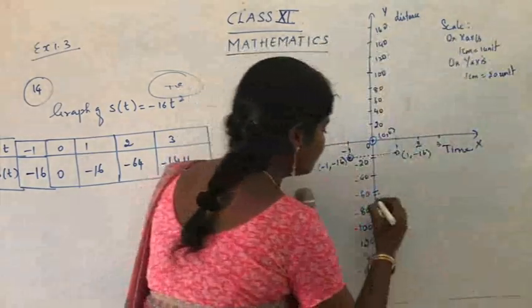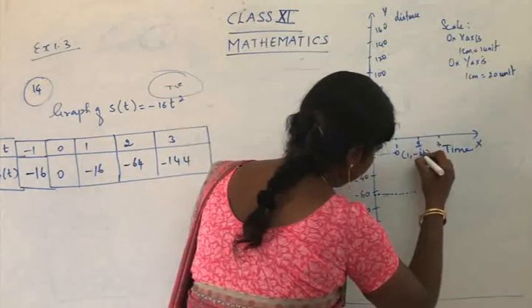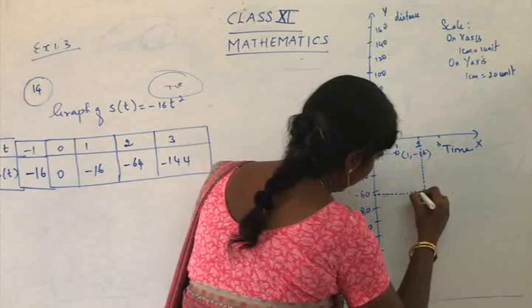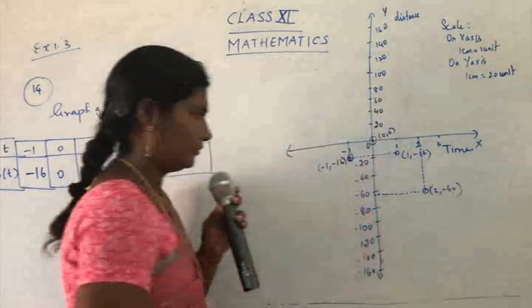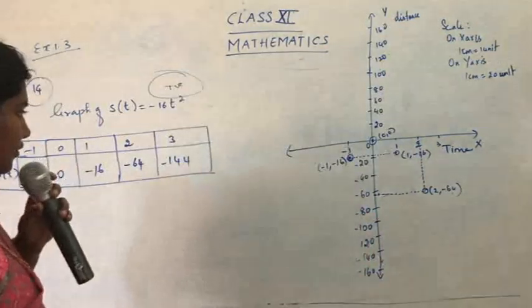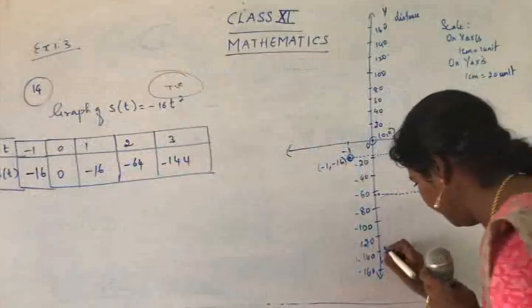Use your ruler to draw the straight line. And 144 is somewhere nearby 140.